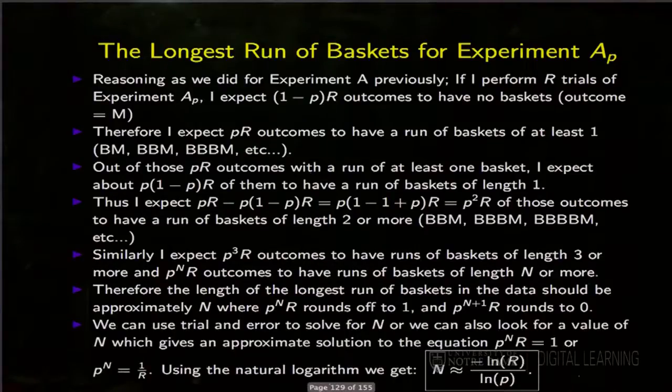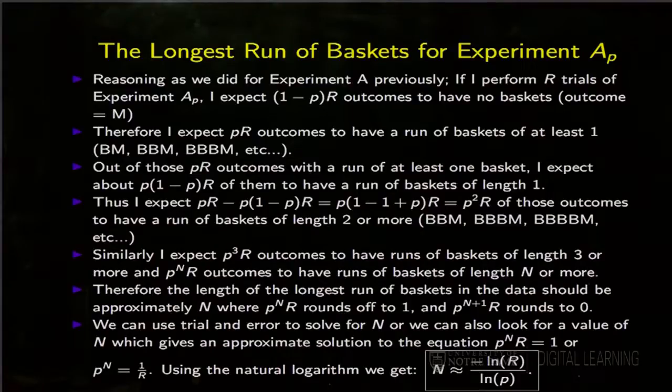Now, I might find n by trial and error, but if you know a little bit about logarithms, then you could instead find an approximate solution to the equation p to the n times R equals 1. So you're solving the equation p to the n equals 1 over R. I can apply the natural logarithm to both sides, solve for n, and I get n is approximately equal to minus the natural log of R over the natural log of p.